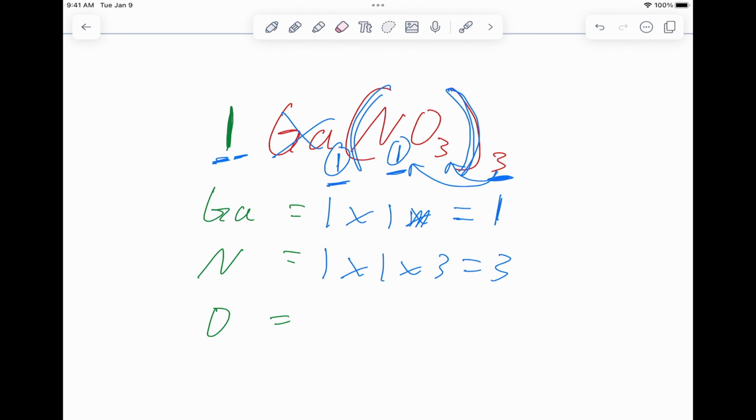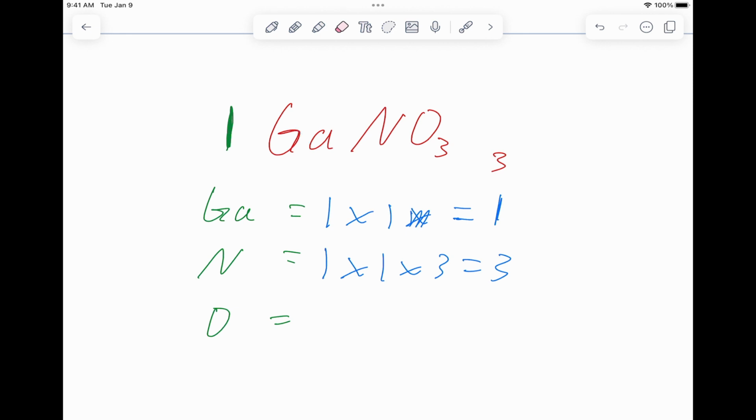Now taking a look at those oxygens again, because they're the bugger. They're the one that's going to be hardest for us to keep track of. All right, we're going to clean this up again. And let's take a look at those oxygens. First, we want to make sure we put our parentheses back in, because they belong there. All right, and there's nothing out here, so that's a 1.